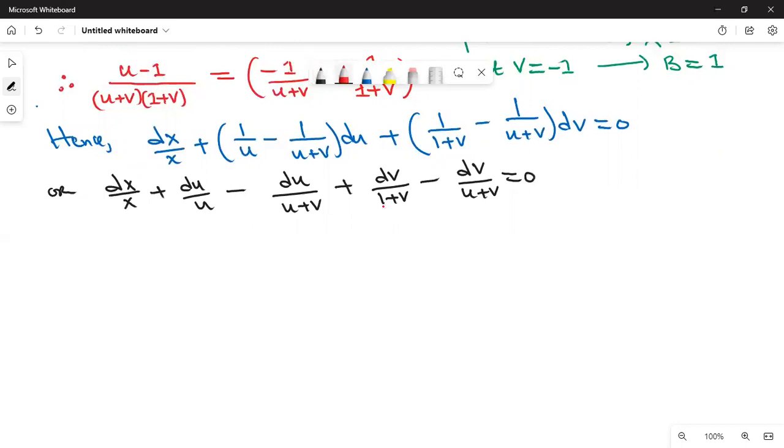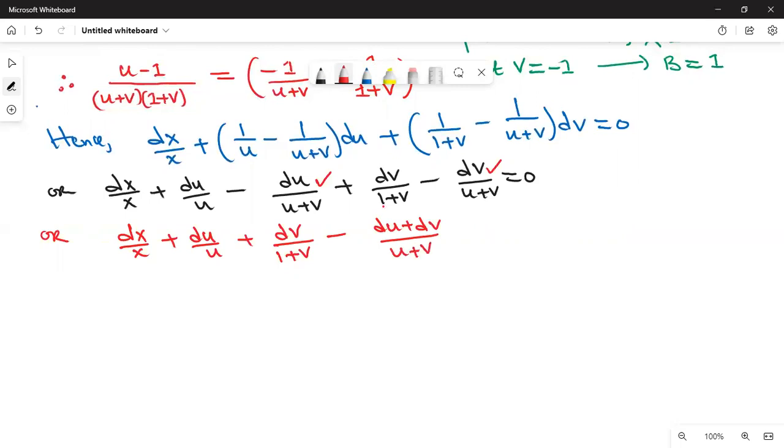So look at this term and this one. We can combine them because the denominator is the same. So dx over x plus du over u plus dv over 1 plus v minus du plus dv over u plus v.